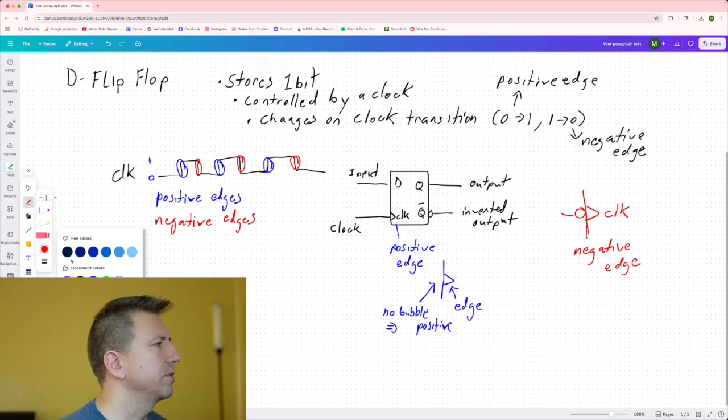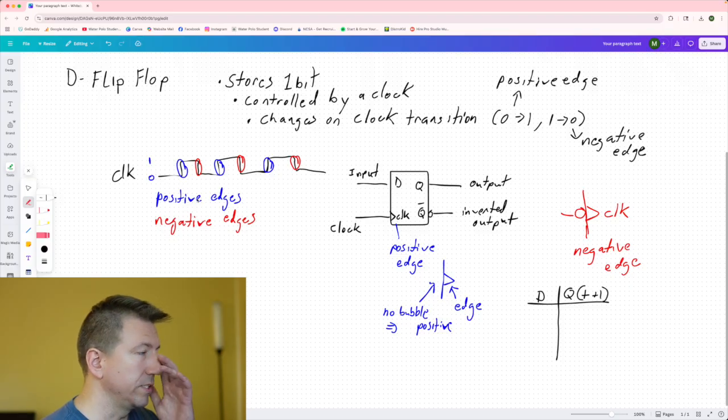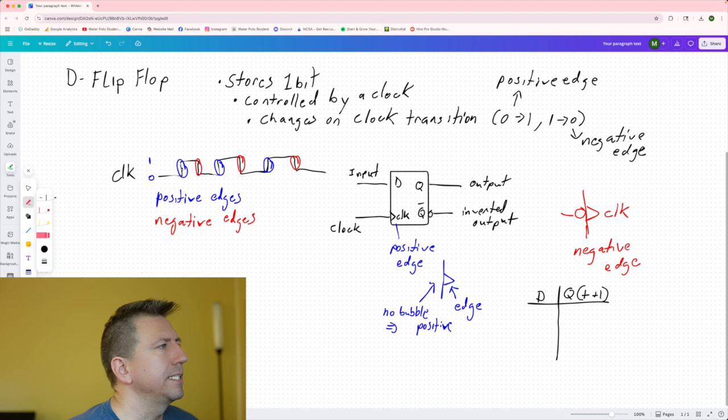One more thing I want to show you, and then we'll go to a simulation, is the function table. We have values of Q, but there's a time element now. As we go along, we're going to hit a transition, and so Q can update at that point, and then Q can update at that point, and Q can update at that point.